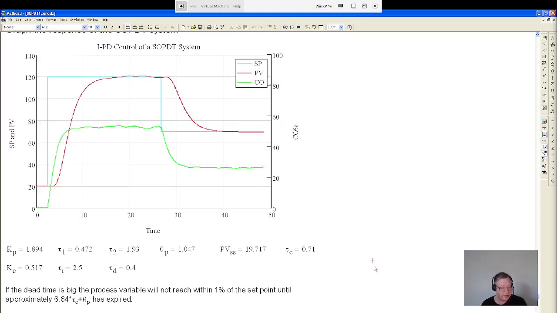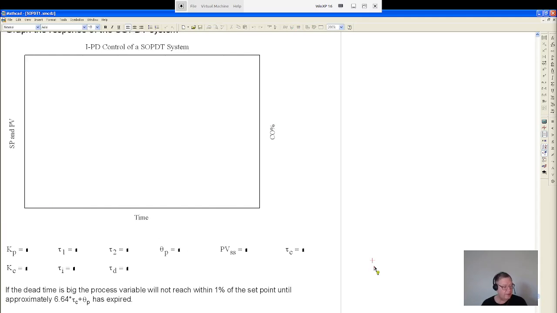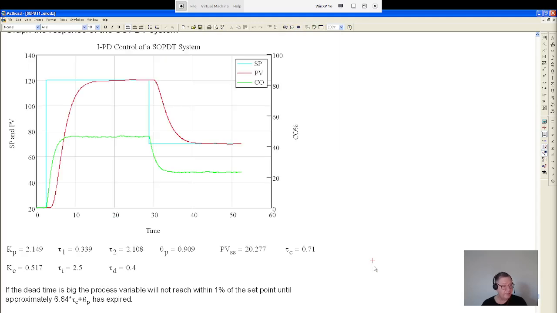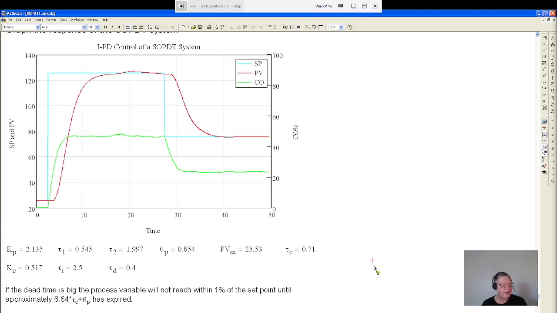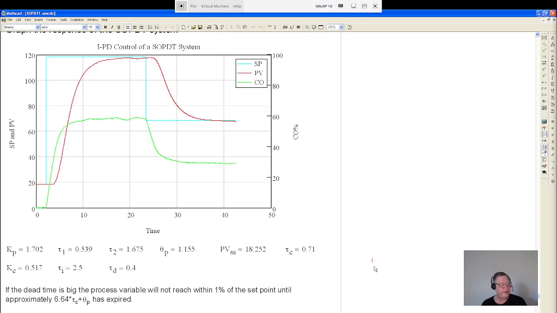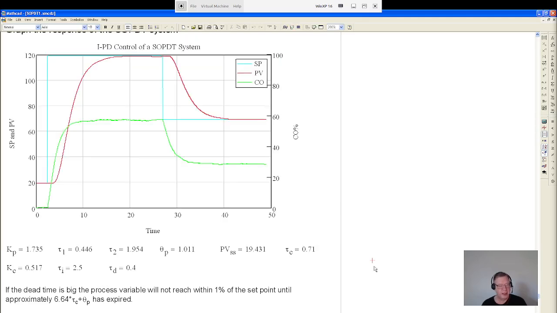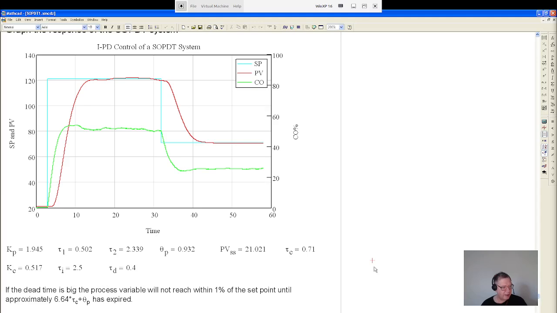So now if I hit control F9, you can see that it's varying the parameters by quite a bit. And you can see that the response is very good, even with widely changing dead times, gains and time constants.